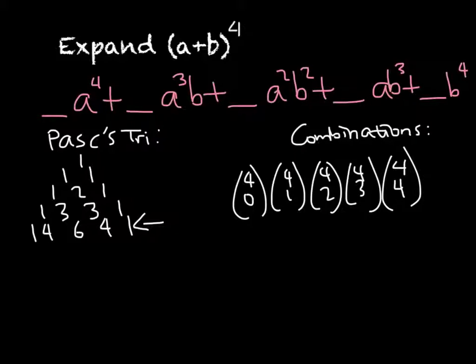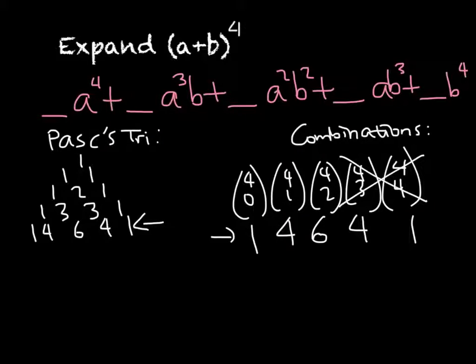And since we know that these are symmetrical, we can take a shortcut and only find the first 3 and then use the rest by symmetry. So 4 choose 0 is 1, 4 choose 1 is 4, 4 choose 2 is 6, and since it has to be symmetrical, we can fill in the rest.